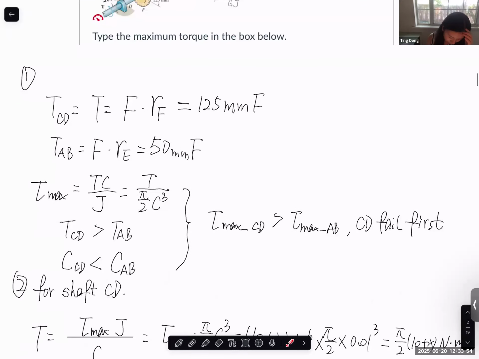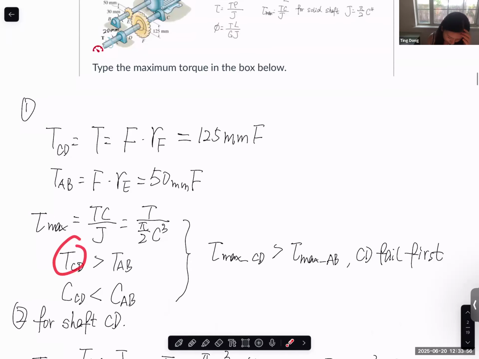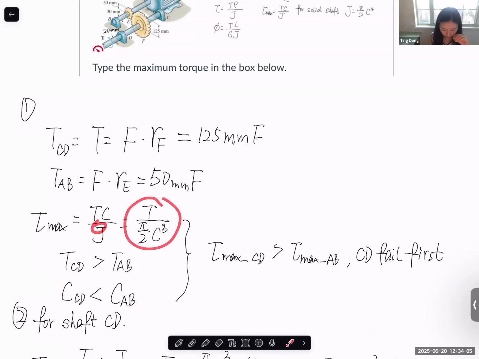So now we know that the CD shaft has high torque and it also has lower radius. So Tc over J, J is a function of C. After we simplify the equation, it's T over C cubed. And for one shaft, it has higher T, has lower radius.